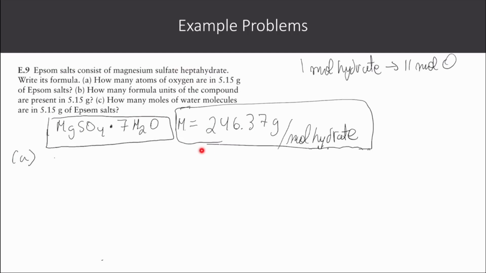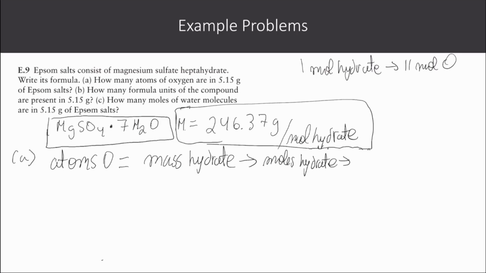Let's use the molar mass that we just found to calculate the number of atoms of oxygen in 5.15 grams of Epsom salt. So we're trying to find atoms of oxygen, and we start with mass of hydrate, and we need to convert this to moles of hydrate.